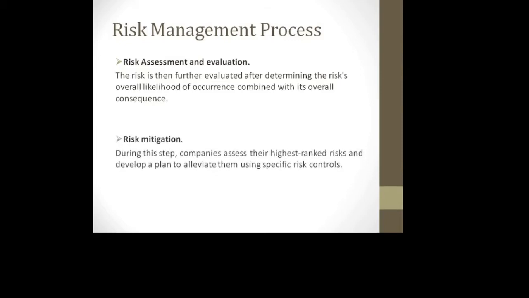Then comes risk mitigation. What is risk mitigation? During this stage, companies assess their highest-ranked risks and develop a plan to alleviate them using specific risk controls. These plans include risk mitigation processes, risk prevention tactics, and contingency plans in the event the risk comes to fruition.